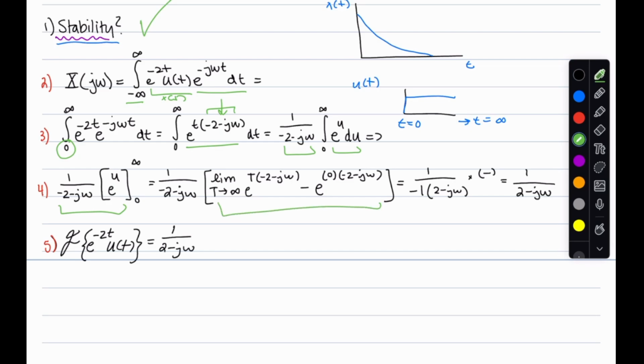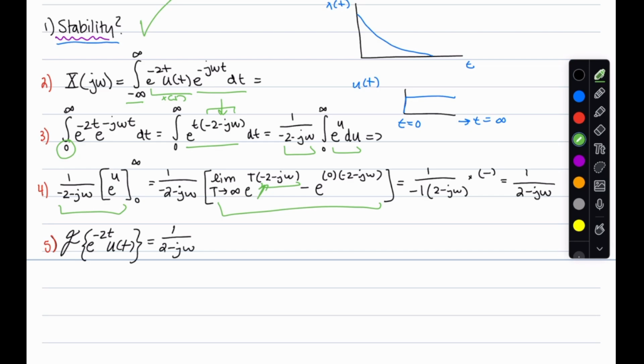So when we expand the e to the u term, we first, of course, have to take the limit. I'm just using a dummy variable, let's call it tau. So the limit as tau goes to infinity of e to the tau times this is simply just going to be 0, because this is a negative real component, and as we multiply this negative component by infinity, it's going closer and closer and closer to 0.